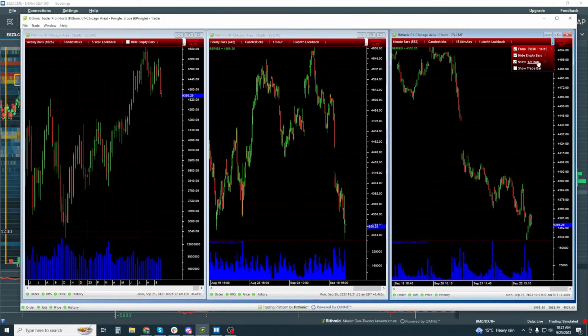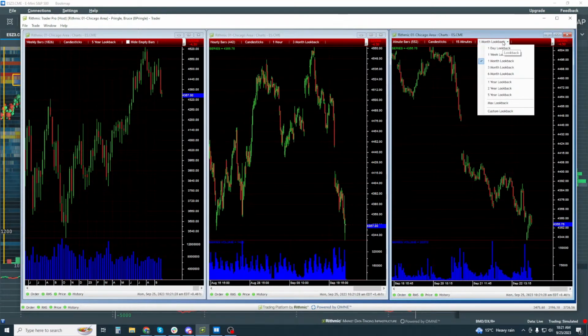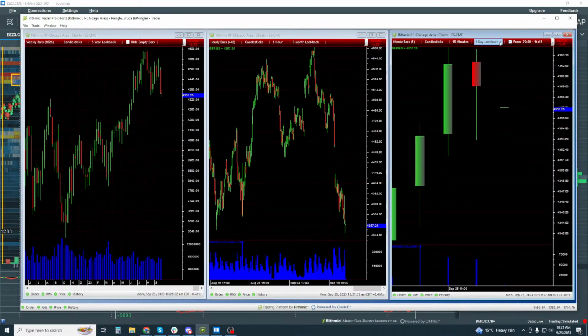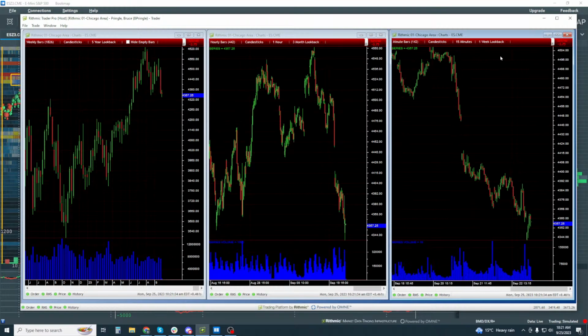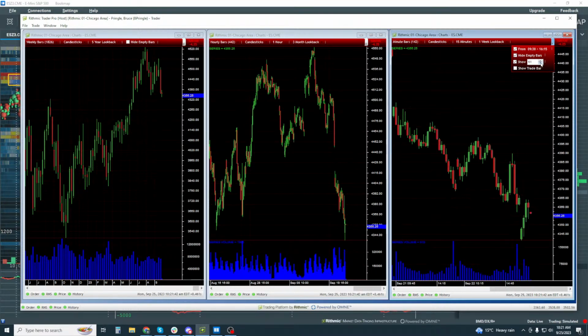Okay, so let's look at less bars in here. All right, just need to look at less bars, which is fine. Okay, here's our gap here.